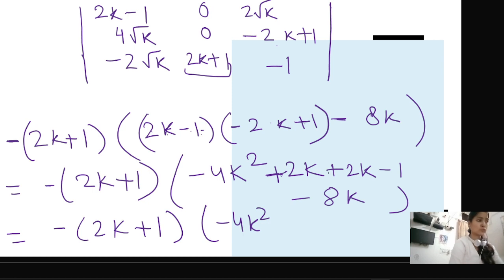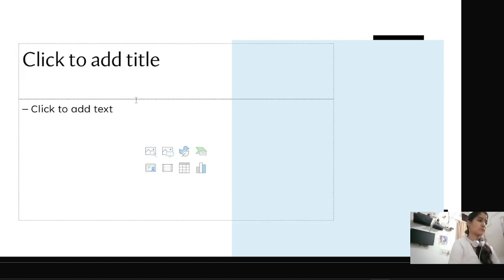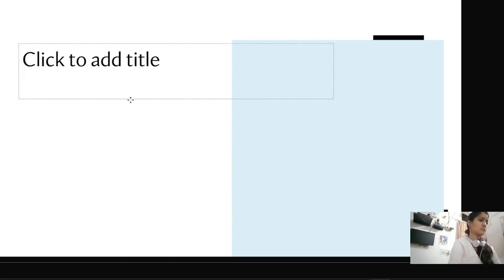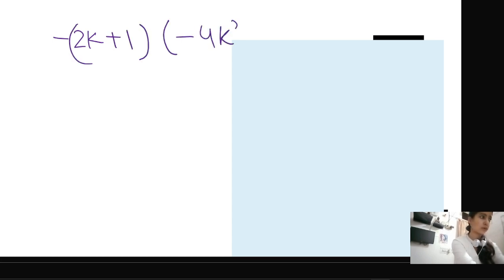This 2k plus 2k will become 4k, and this 4k and this minus 8k give you minus 4k and minus 1. Take minus common from this. Move to the next slide. Okay. So from here we are getting minus 2k plus 1 and here minus 4k square minus 4k minus 1.